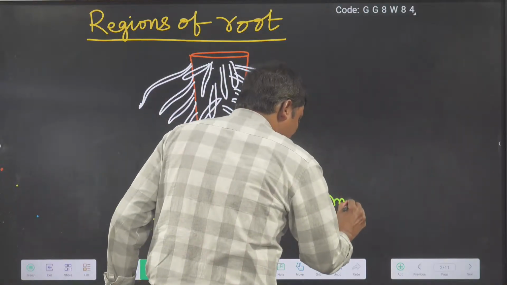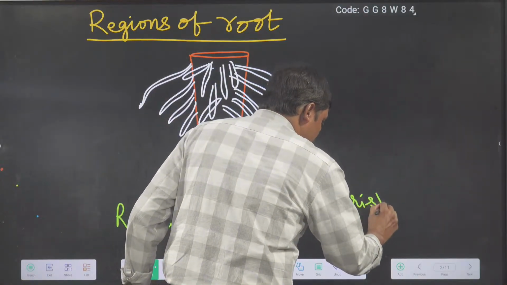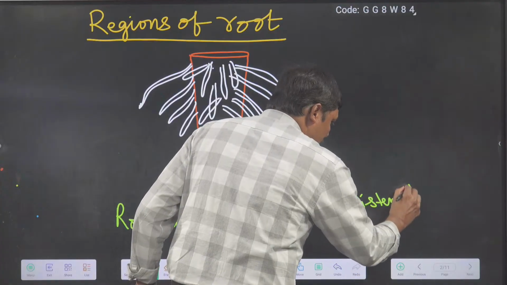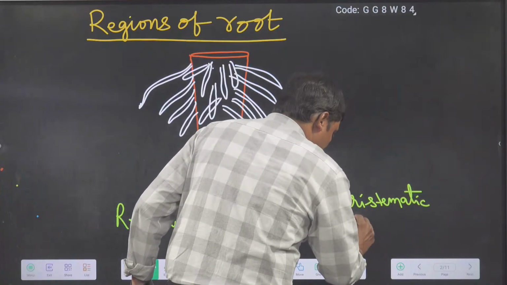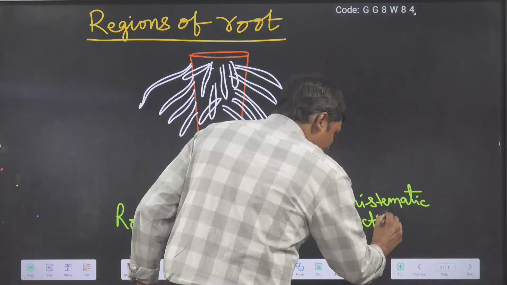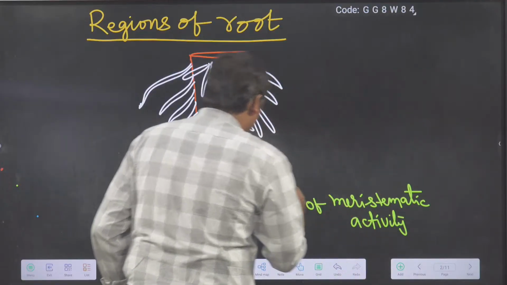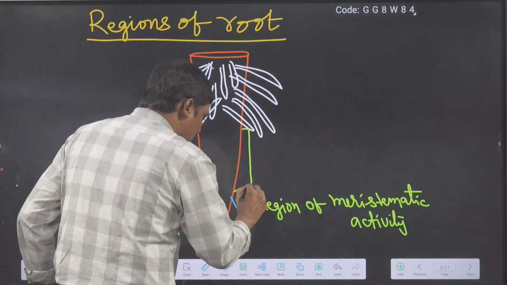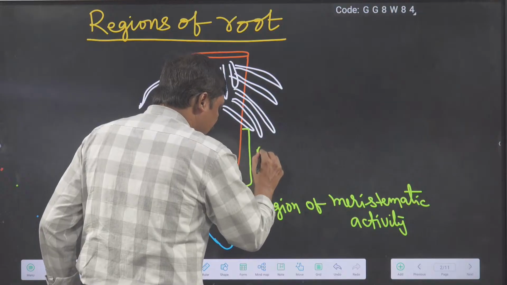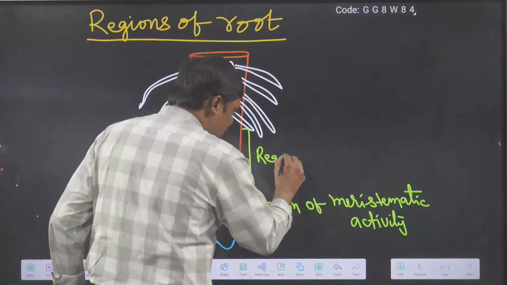And this part is called region of elongation.